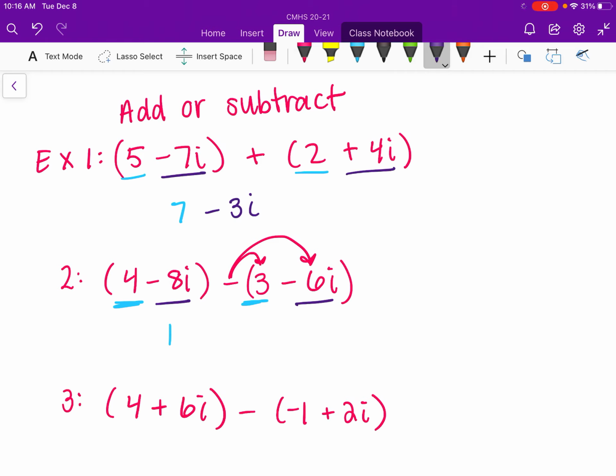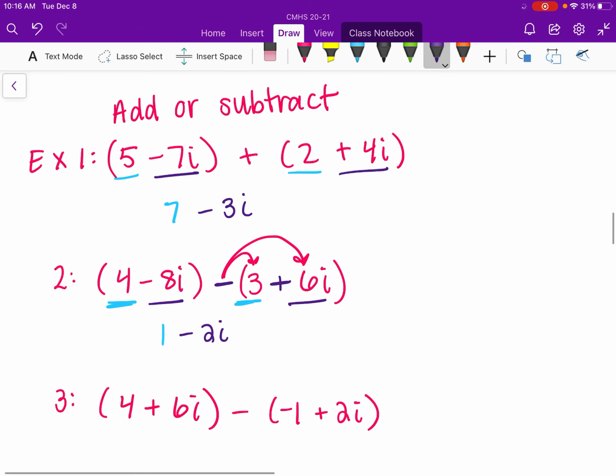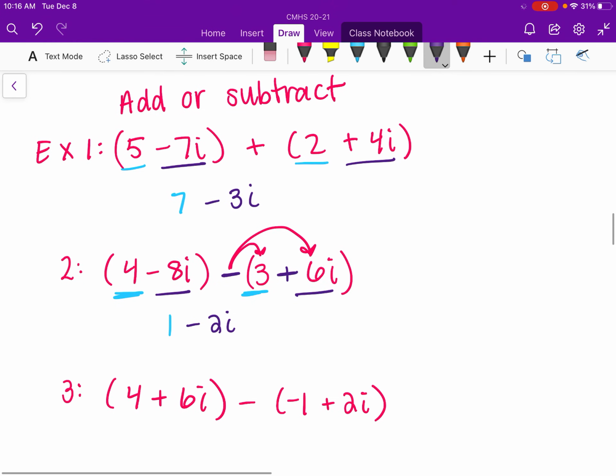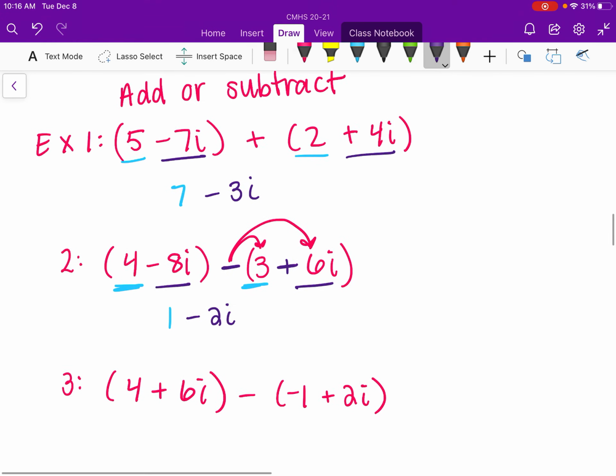And then we have negative 8 minus negative 6, which is the same thing as negative 8 plus, because you have two negatives, one here, which makes it a plus. So negative 8 plus 6 is negative 2i. Don't forget your i there, or else they'll both just be regular numbers. We want to have one of them be imaginary.